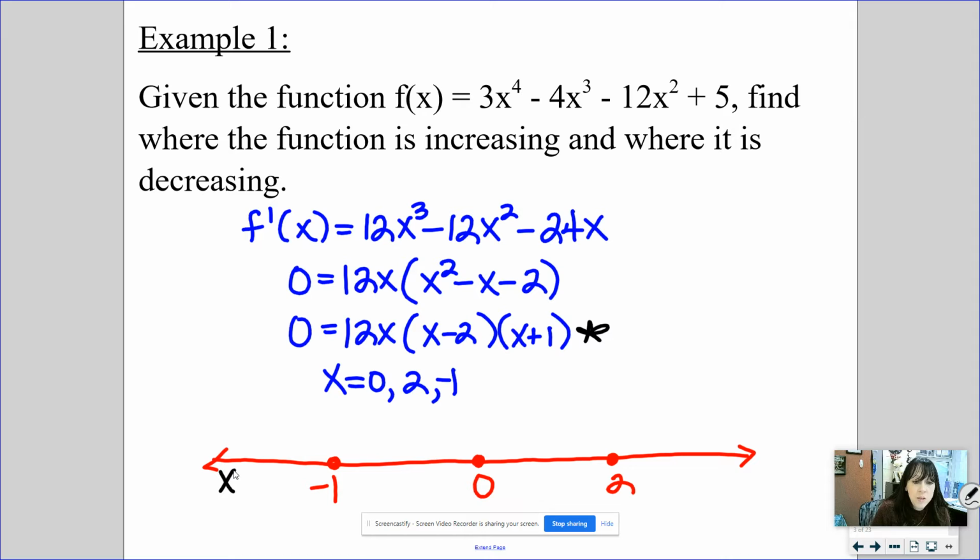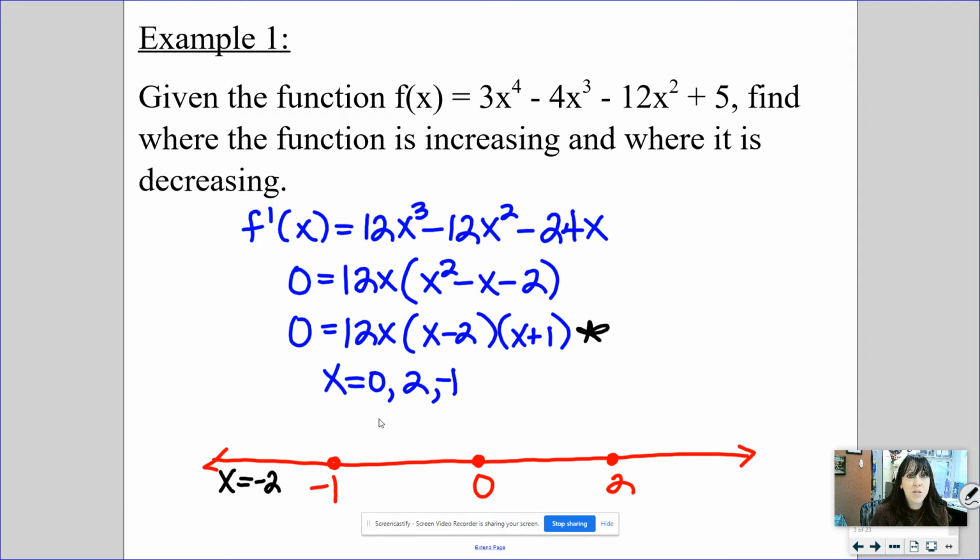All you have to do is pick a value that is in the window you're looking at, in this case, anything less than -1. So I'm going to pick -2, and plug it into my derivative, which is any one of these things here. When I plug it in, I want to know whether the derivative value I get is positive or negative.